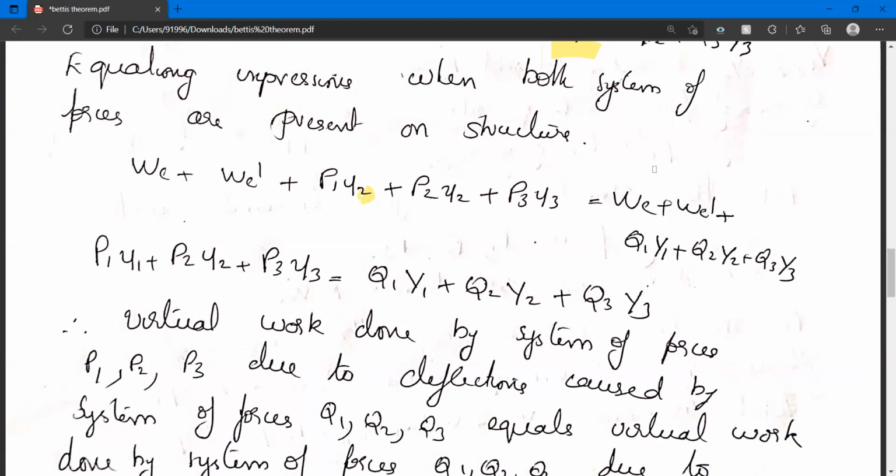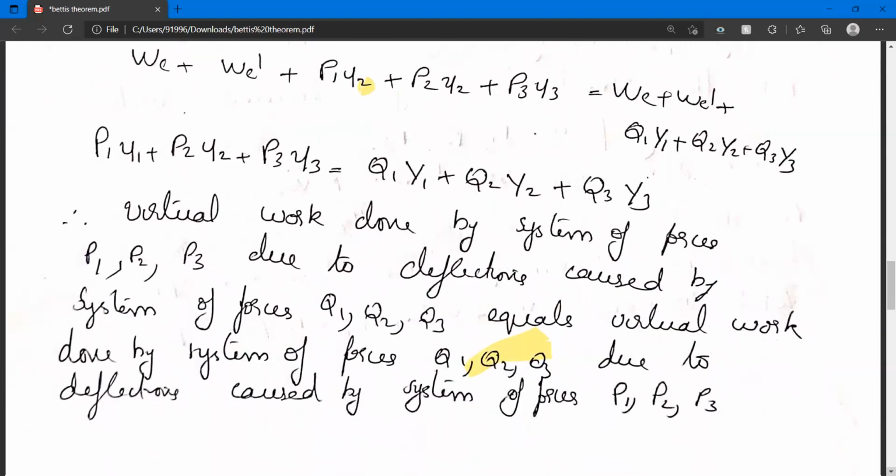Therefore, virtual work done by the system of forces P1, P2, P3 due to deflections caused by the system of forces Q1, Q2, Q3 equals virtual work done by the system of forces Q1, Q2, Q3 due to deflections caused by the system of forces P1, P2, P3. So that is the proof of Betti's Maxwell reciprocal theorem.